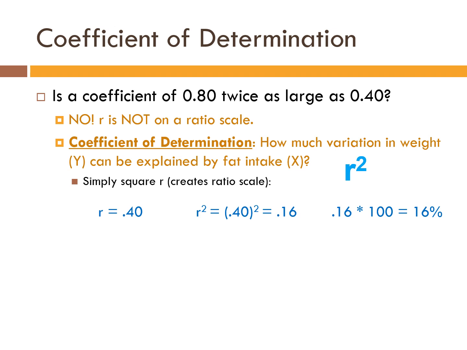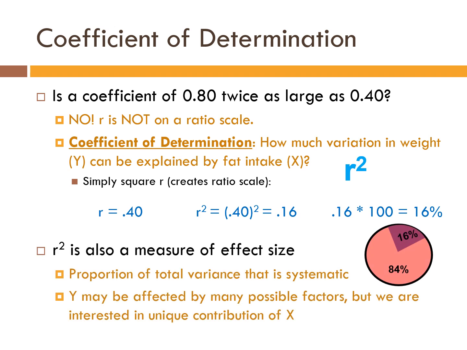So in an example, we might have an R of 0.4. So we square that 0.4 to get 0.16. And then if we're looking at the percent of variation, we could just multiply by 100. And we could find that 16% of the variable y is explained by the variable x. And this is also an effect size. They're both effect sizes.